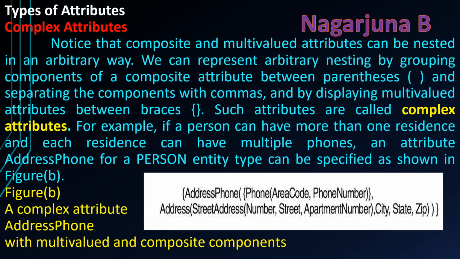That means composite attributes are represented within the small brackets, and multivalued ones within the curly brackets. For example, AddressPhone, Phone and Address have more than one value. That means each address will have a phone, and a person can have a number of residences. So in those cases we use the curly brackets. So this is an example of a complex attribute.